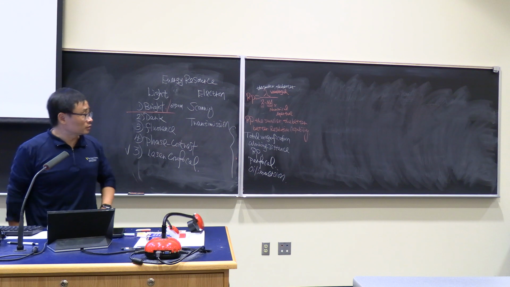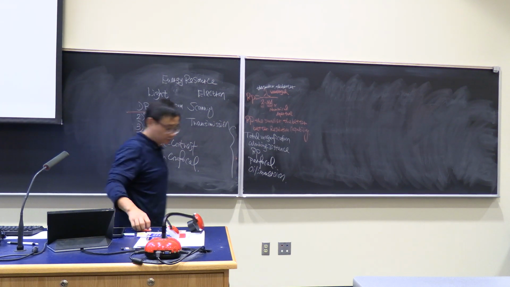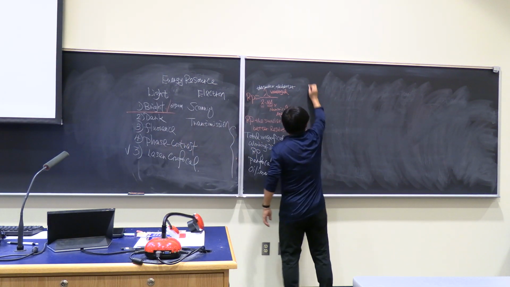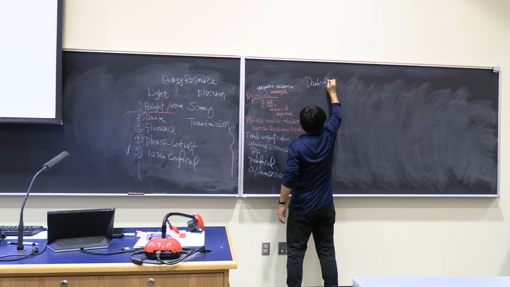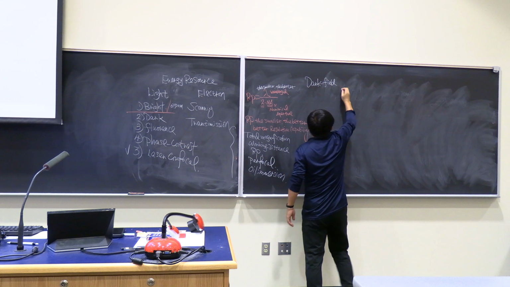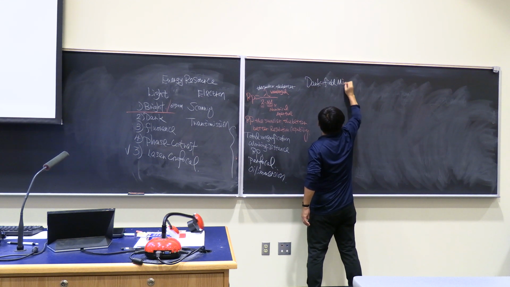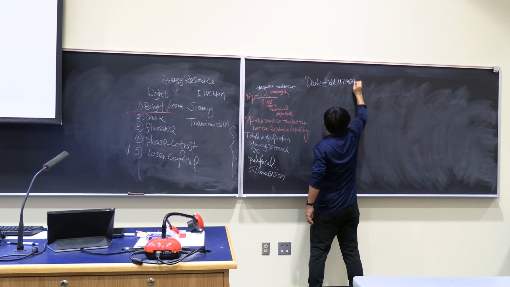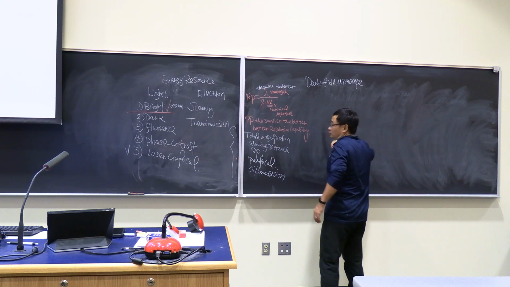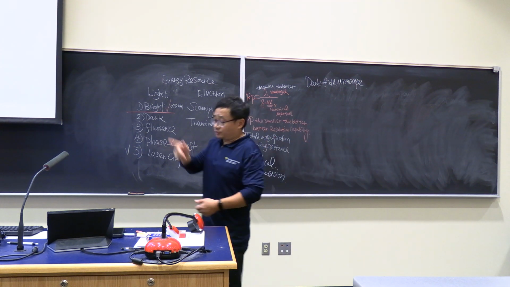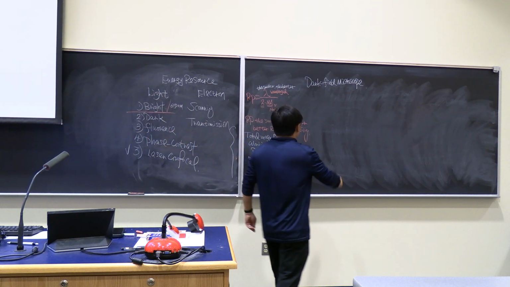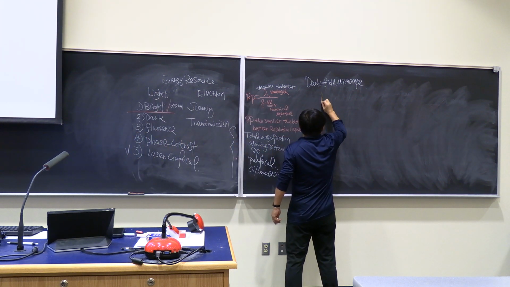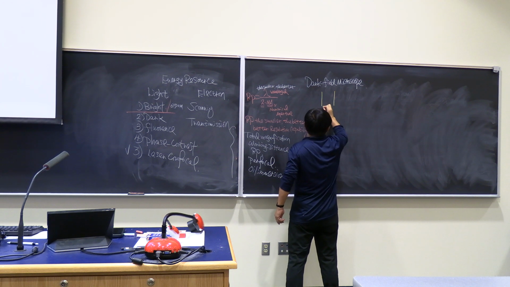Okay, next one, we want to talk about dark field microscope. This is an important tool in the microbiology area. So what is that? When you see the slides, it's a little bit confusing sometimes. Okay, let's just draw a brief microscope picture.